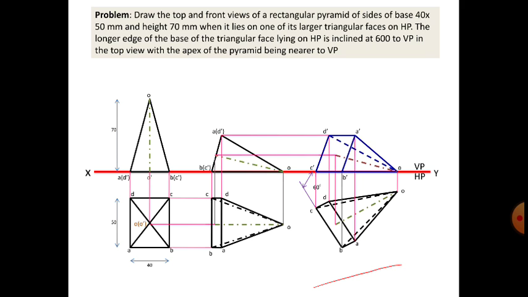Wherever the same labels meet at intersections, write down their labels first and then draw the final drawing. This is how you are going to solve problems on projection of solids. Okay, thank you.